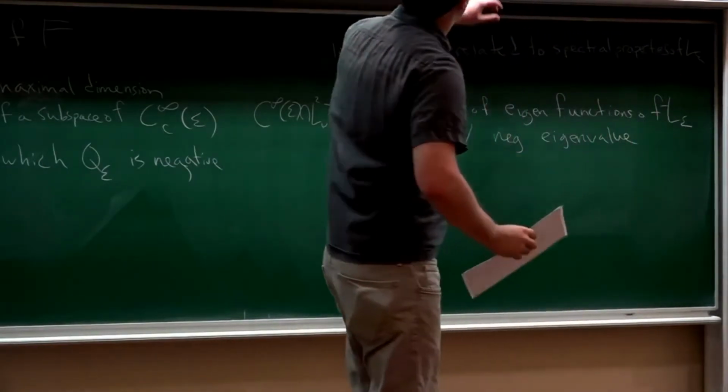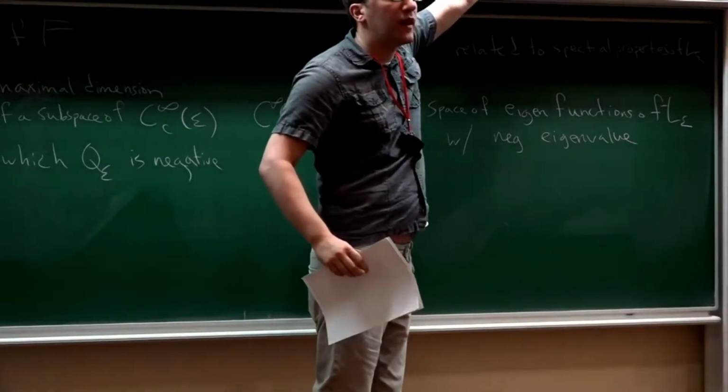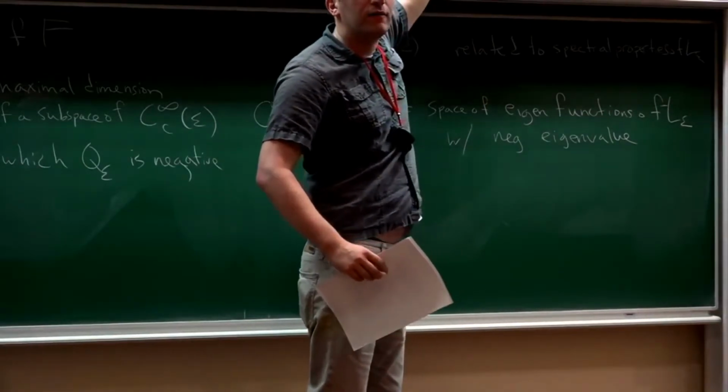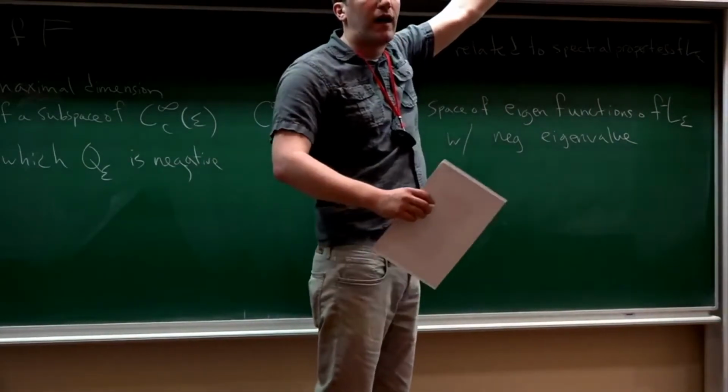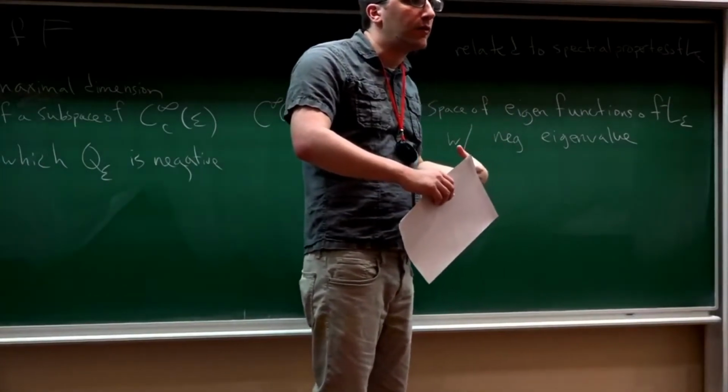Right, so if you have an eigenfunction of minus L sigma with negative eigenvalue, and say sigma was compact, you could just plug this in and get a negative variation. Of course, if it's non-compact, there's no reason for the eigenfunction to be compactly supported.